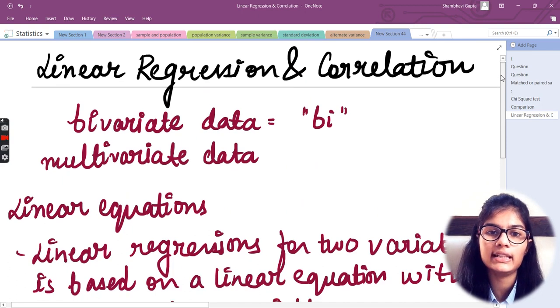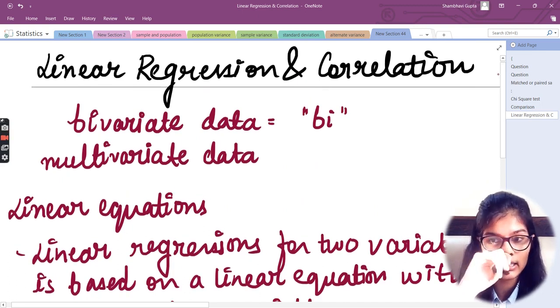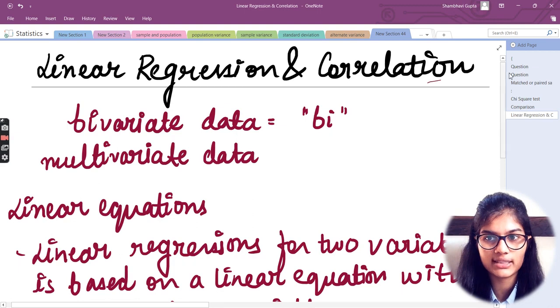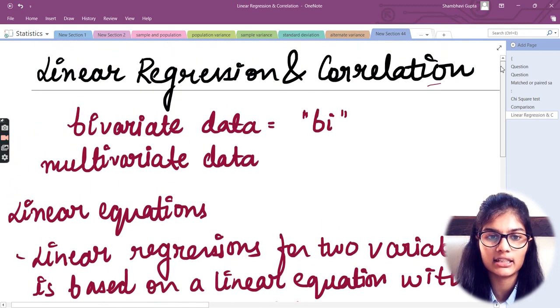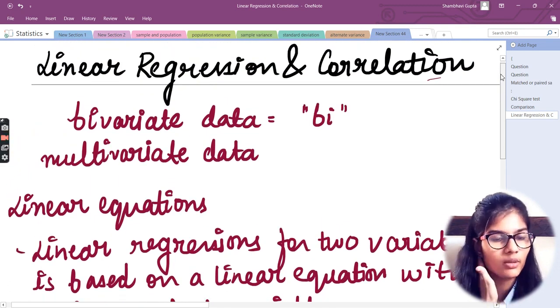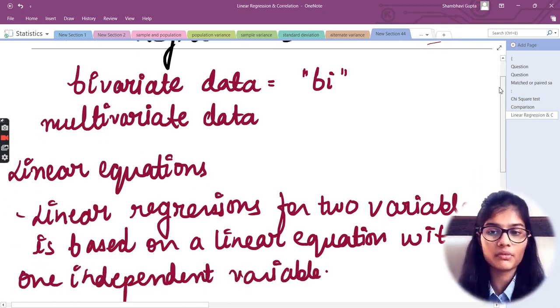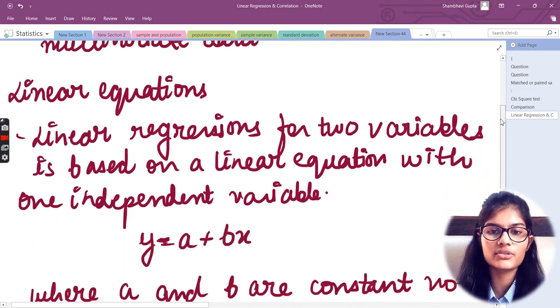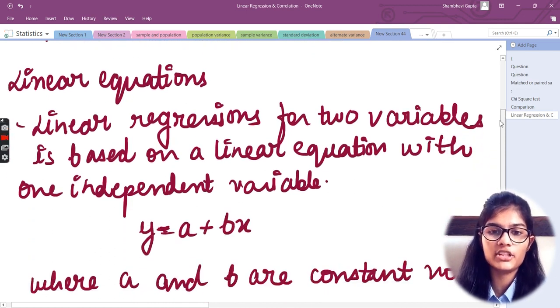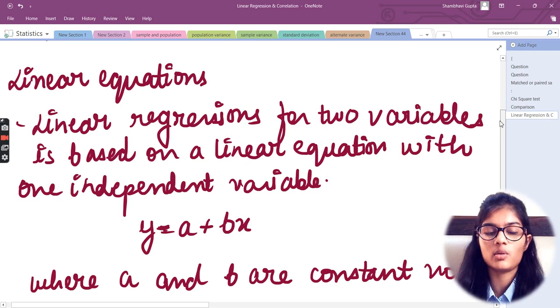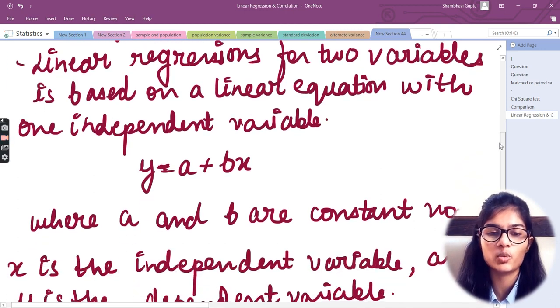So when we talk about linear regression or correlation, two terms come up. The first one is bivariate data, that is bi, and the second one is multivariate data, that's basically for multiple variables. Now, when we talk about linear equations, the linear regression for two variables is based upon a linear equation which has one independent variable, right?